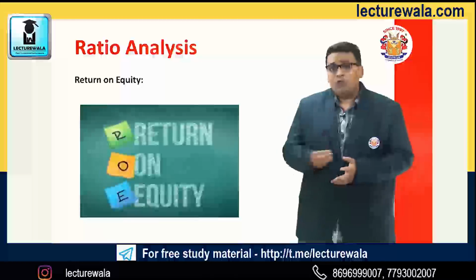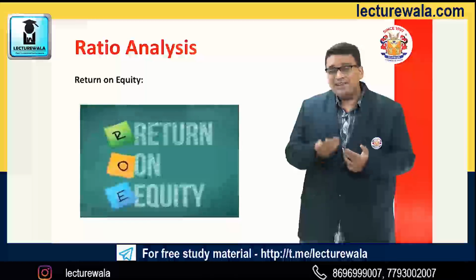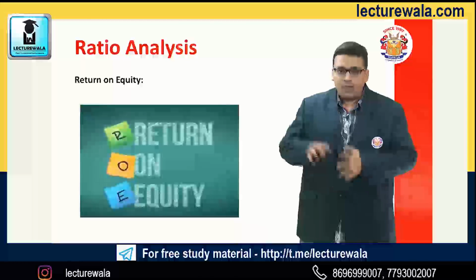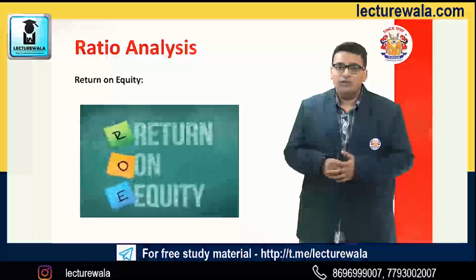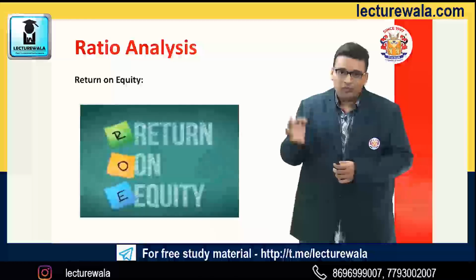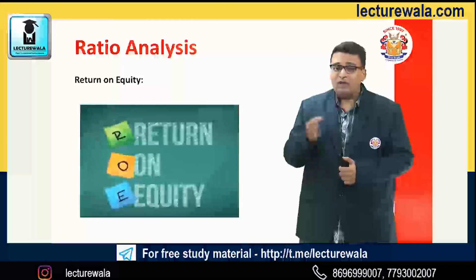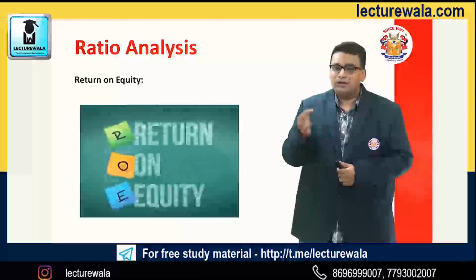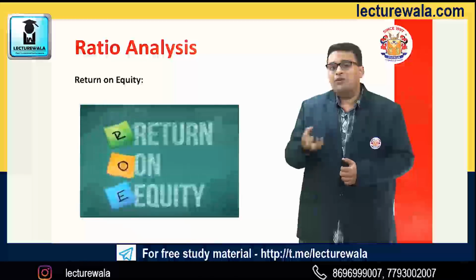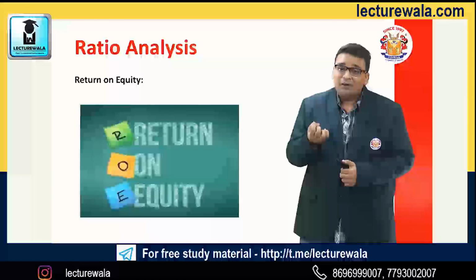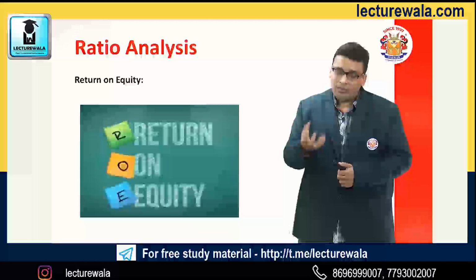Now, the company itself needs to disclose the information to the shareholders that out of $100 invested by you in this company, how much amount of return is being generated by the efficient use of that money.